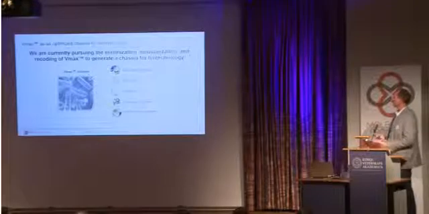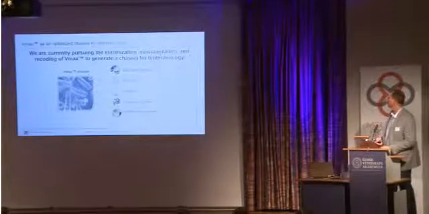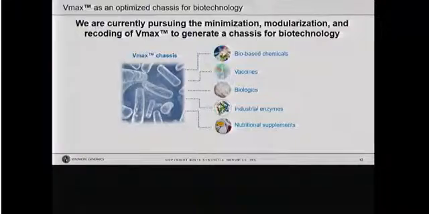So we're building Vmax as a next generation chassis for biotechnology. E. coli is used to produce about a third of all the biologics that are made in the world, and it's still early days with Vmax, but we're already seeing some major advantages.